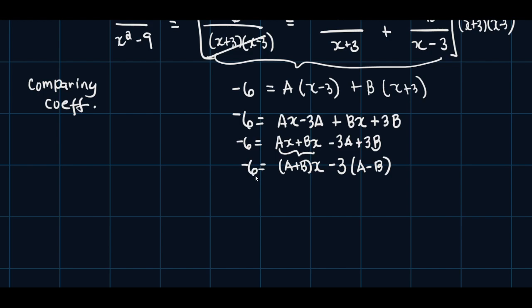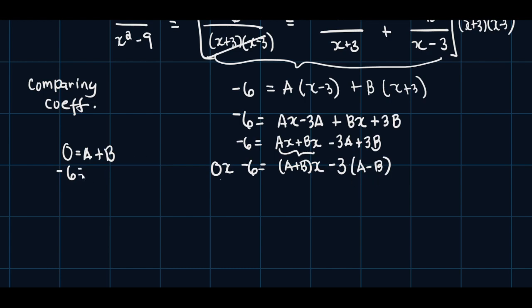Okay, the left-hand side is technically 0x minus 6. Ay, comparing coefficients, ibig sabihin, yung coefficient ng x dito, which is 0, should be equal to the coefficient of x here, which is a plus b. So we have 0 equal to a plus b. And likewise, yung constant term dito, which is negative 6, should be equal to the constant term here, which is the remaining group terms.